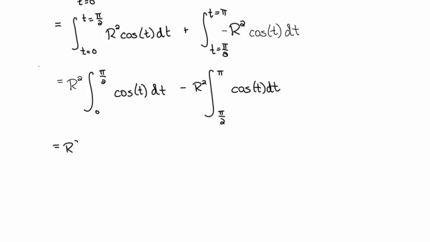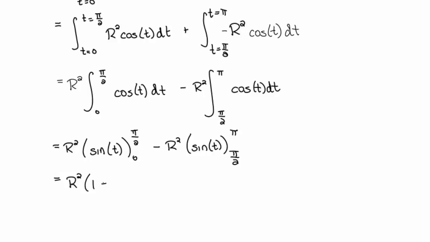So this is going to be r squared times the sine of t from 0 to pi over 2 minus r squared times, again, the sine of t, this time from pi over 2 to pi. And let's go ahead and compute. Sine of pi over 2 is 1 minus the sine of 0 is 0. Minus r squared. The sine of pi is 0 minus the sine of pi over 2 is 1. That's going to be r squared minus a negative r squared, or in other words, 2r squared.